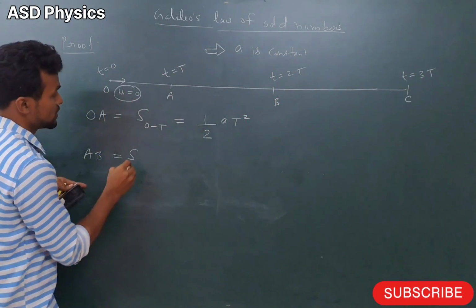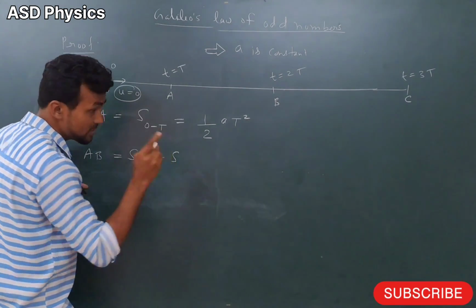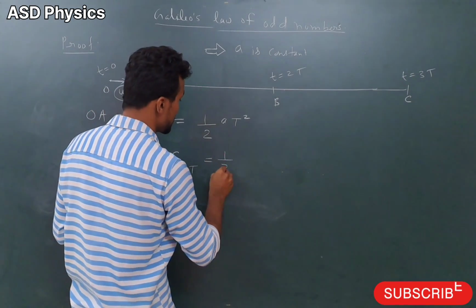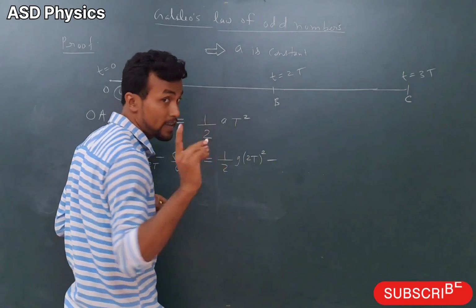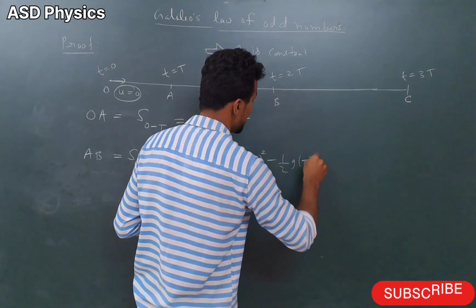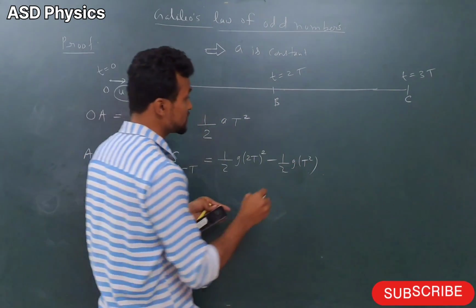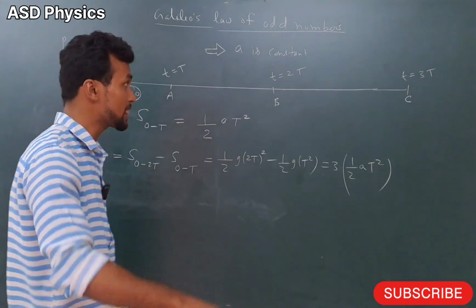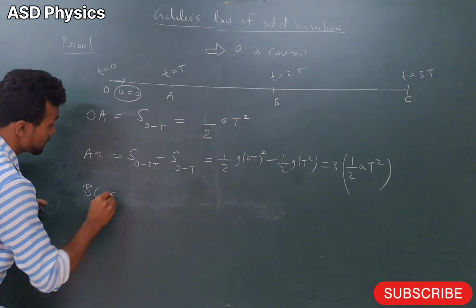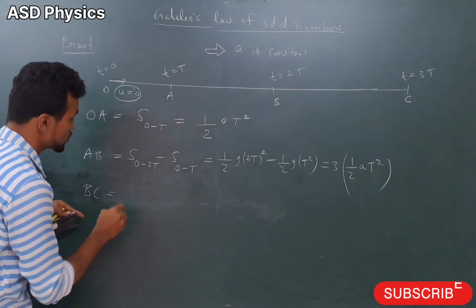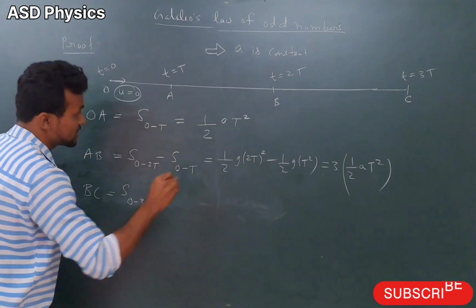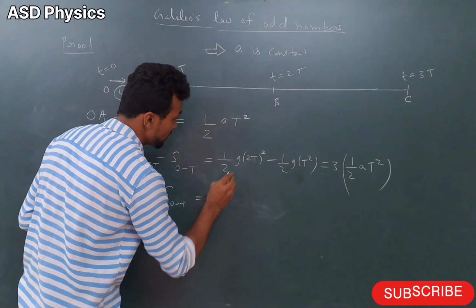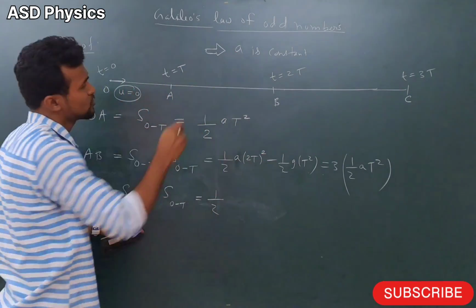So A to B will be the distance traveled from 0 to 2t seconds minus the distance traveled from 0 to t seconds. So half a 2t square minus half a t square. When I simplify this, it will come 3 times half a t square. Similarly for B to C, the distance 0 to 3t minus 0 to 2t.